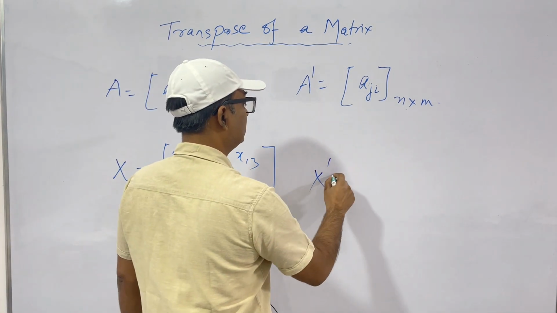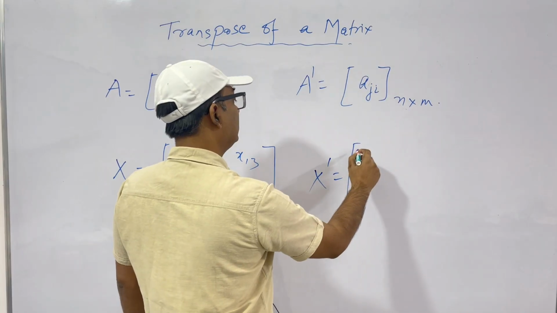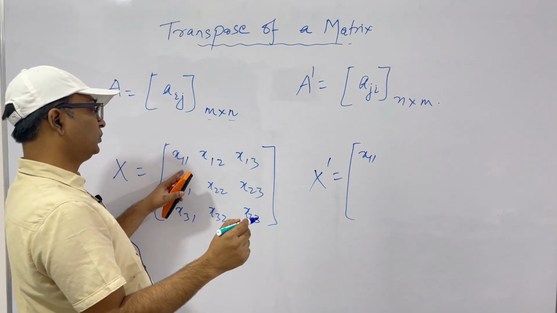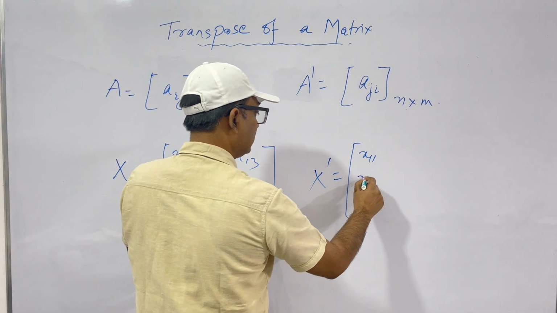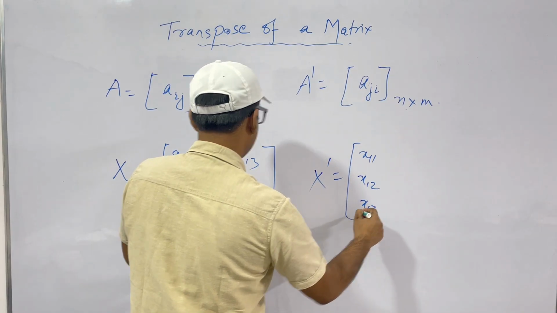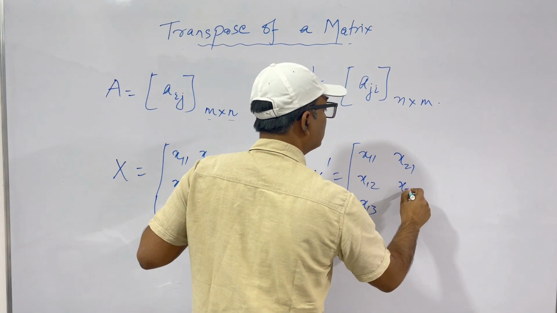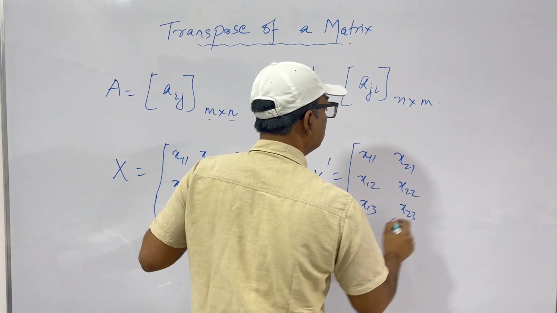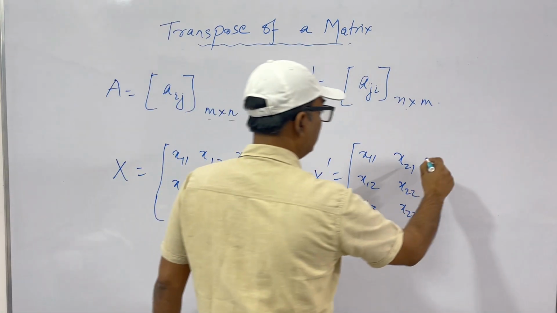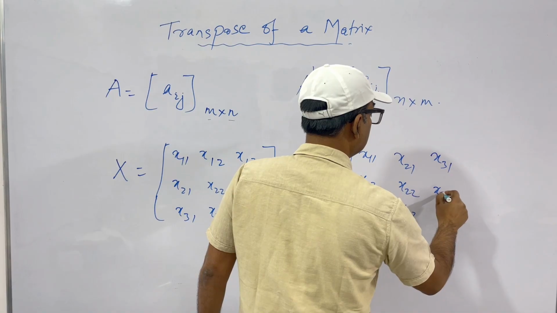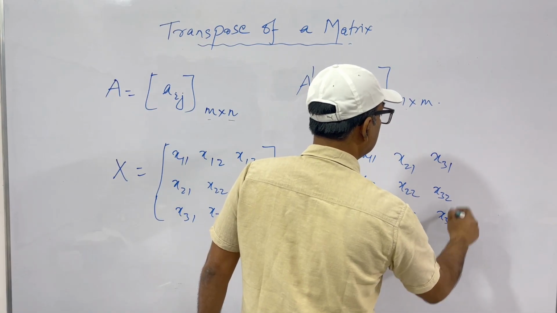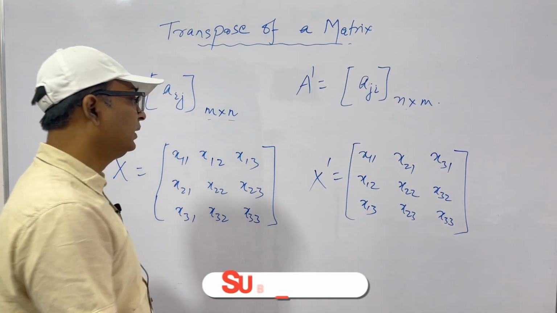So X dash will be X11, X21, X31, then X12, X22, X32, then X13, X23, X33. Clear?